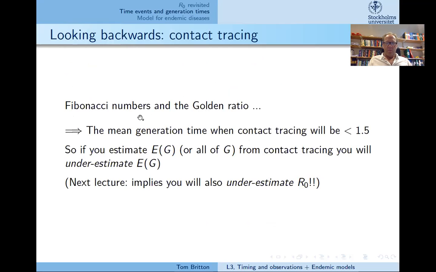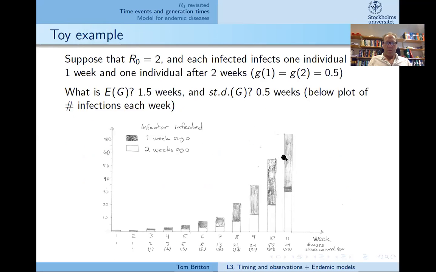So if you contact trace, suppose you would do it at week 11, probably it would have evolved much longer than this, you would find some people who got infected in week 11, and you would ask them, by whom were you infected, and they would say, I was infected by someone here or someone here. And it's obvious from this drawing that if you pick a random sample here, you will pick more people from here than from here.